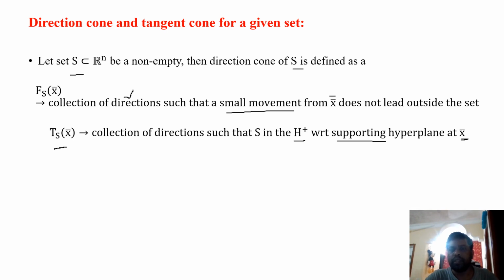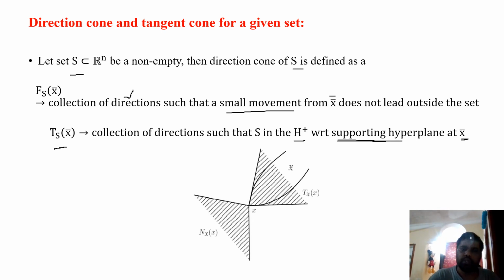That means the half space is defined with the help of a supporting hyperplane at x bar. Here you can observe that we have a set chi, and with respect to this set, we will define first the tangent cone, then the normal cone. So this is the tangent cone.